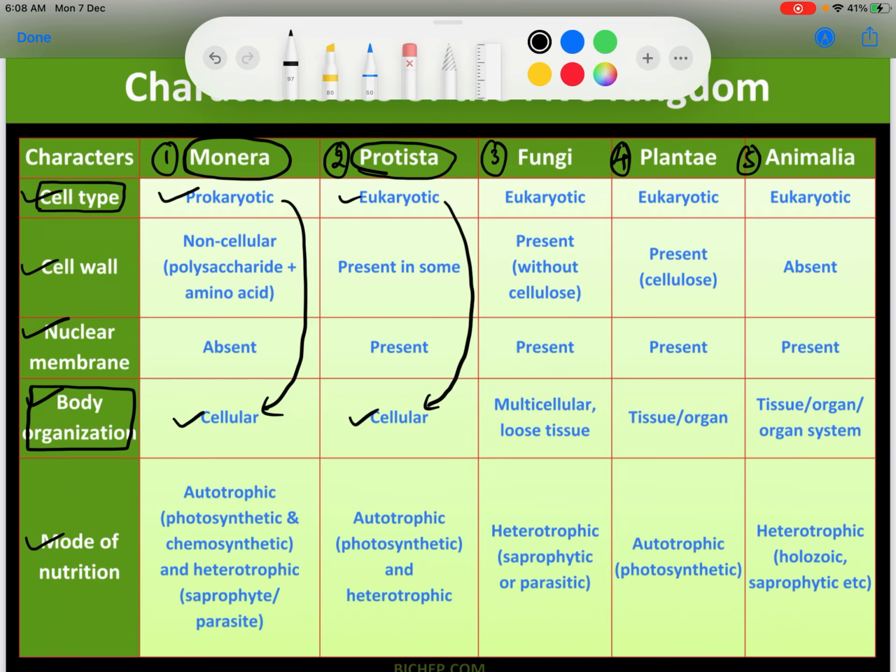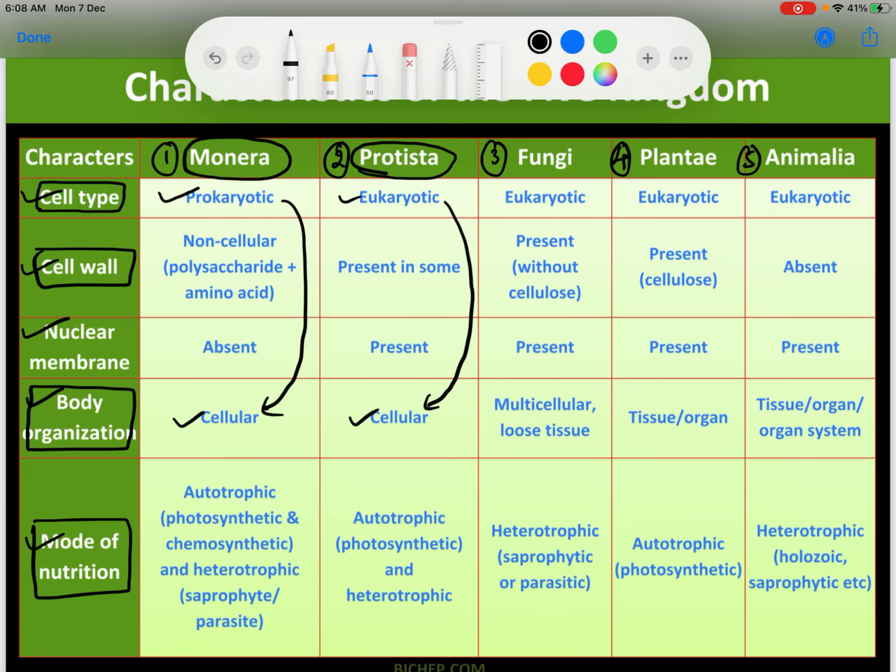Now, all the multicellulars, how are they differentiated into fungi, plants or animals? It is defined with the most number of categories, called either presence of cell wall or mode of nutrition.